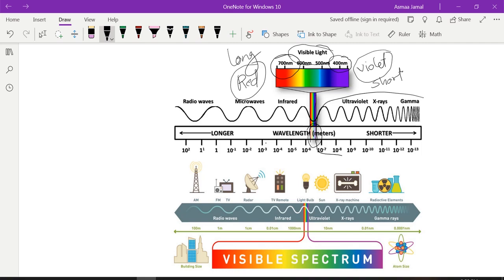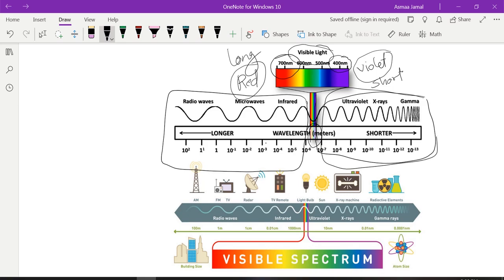Shorter than that or longer than that, your eyes cannot see it, and those are the non-visible electromagnetic waves. They could be really short, such as gamma, with the size of an atom, or really long, with the size of a building.